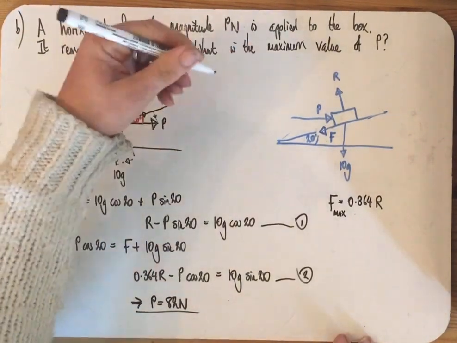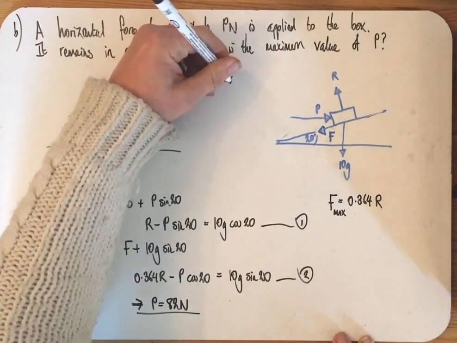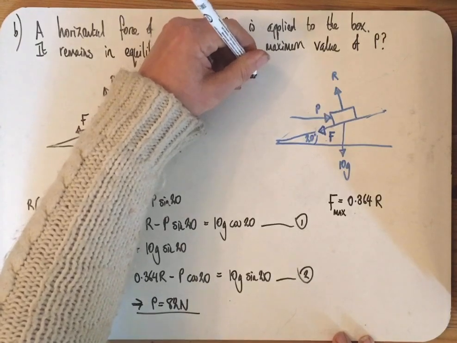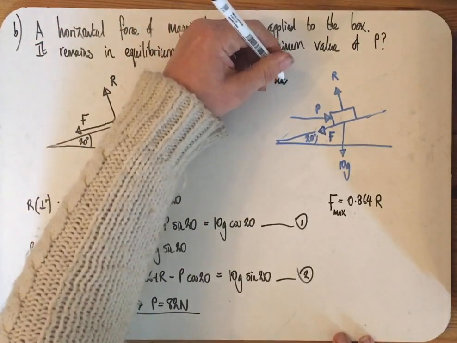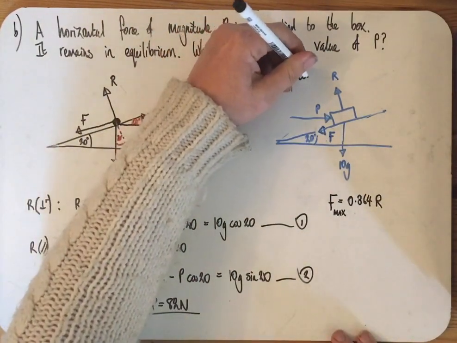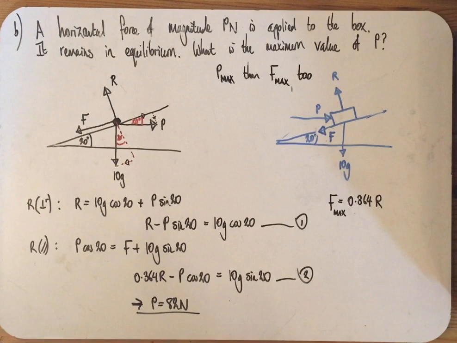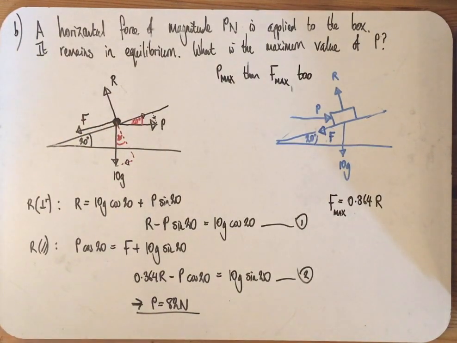But the point here is if P is at a maximum value, then the friction must also be at a maximum value too. So if you weren't pushing quite as hard on P, then it would reduce the amount of friction there.